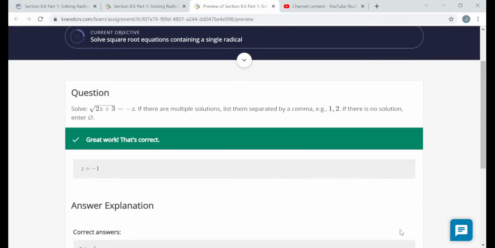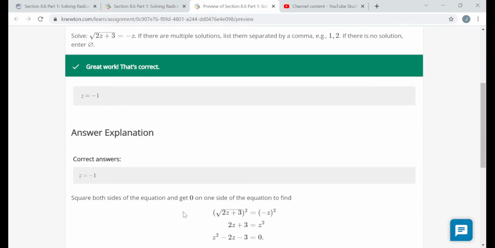Great. And after every question, whether you get it right or wrong, there should be an answer explanation. Please read through these, whether you're right or wrong. Because if you're correct, make sure that you got it right for the right reasons, and that you didn't just get lucky.